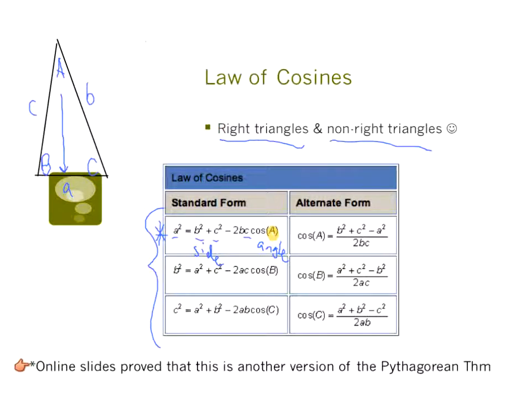What the online slide showed you is that sometimes a squared plus b squared is greater than c squared, and sometimes you're going to get a squared plus b squared is less than c squared. And when those are the cases, it actually reduces to the law of cosines form. So they do a great proof for you online. I just want you guys to understand that law of cosines is really just a different version of your Pythagorean theorem for when we do not have a right triangle.